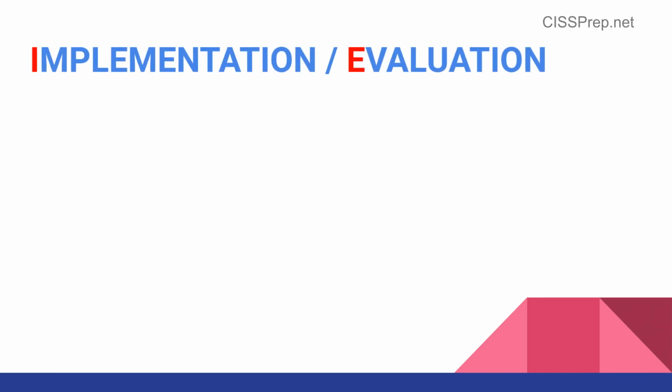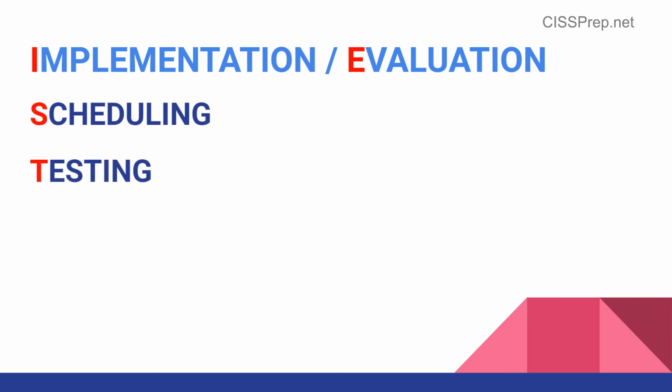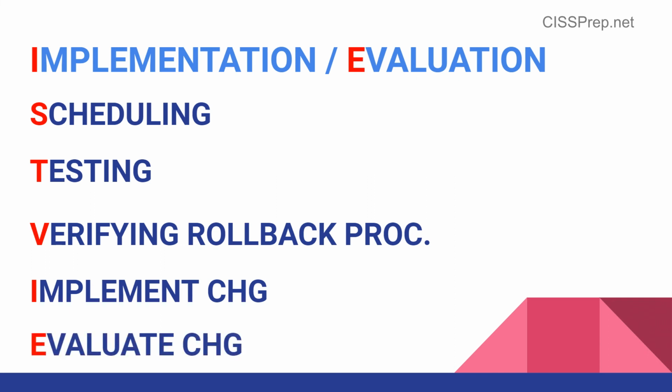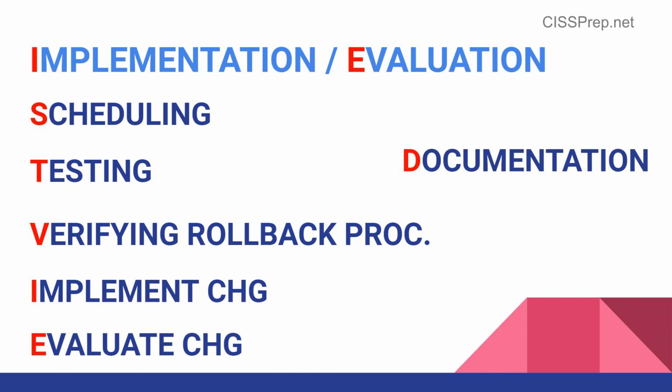We'll just kind of cruise through this now. The implementation and evaluation activity typically has S, scheduling the change, T for testing the change, V for verifying rollback procedures, the I is for implementing the change, the E would be for evaluating the change for proper and effective operation. And then, of course, we have documentation again in this activity.